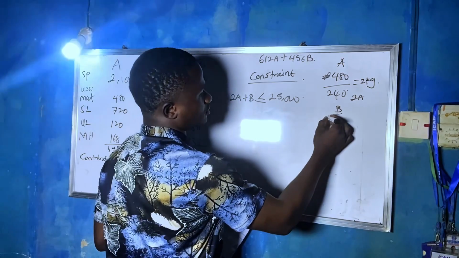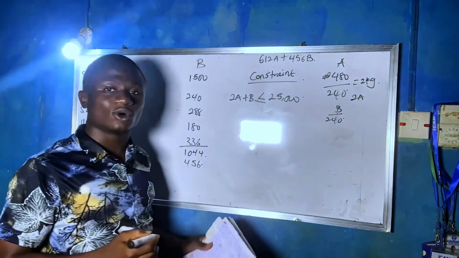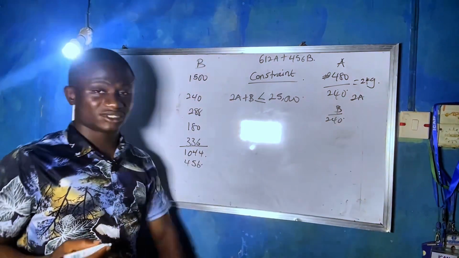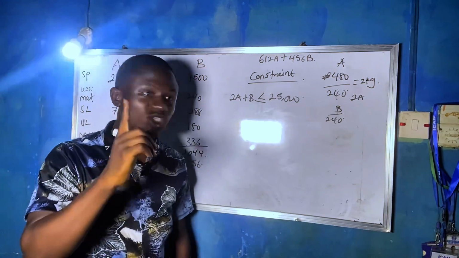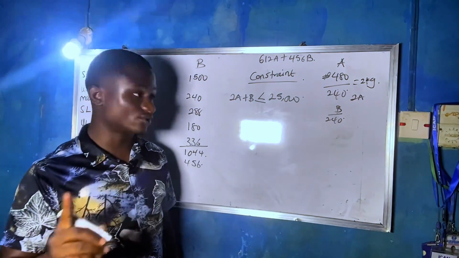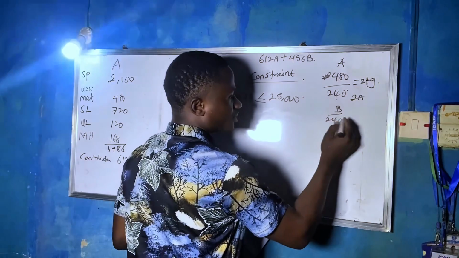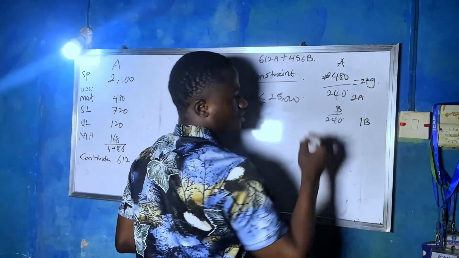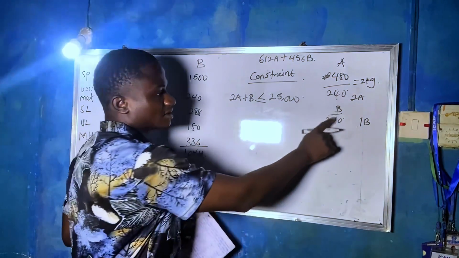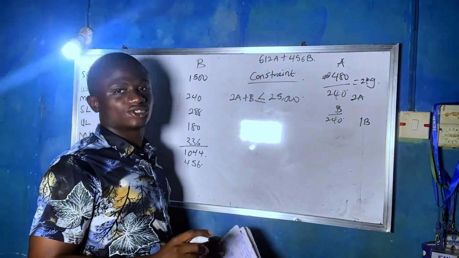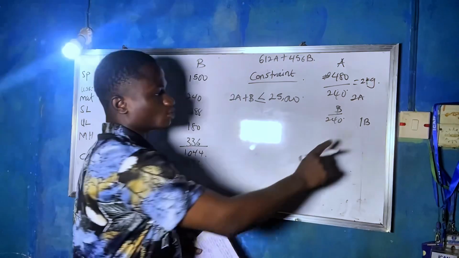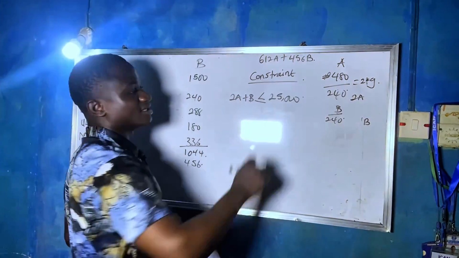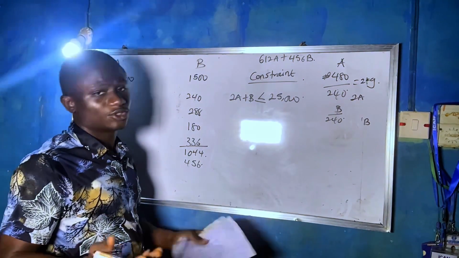Now, 240 naira worth of material X is only 1 kg because 1 kg costs 240 naira. So definitely for B, I only need 1 kg of material X to produce 1 unit of B. So that is 1B, which is the same thing as B, and the constraint is less than or equal to 25,000 kg. I want to believe we get that.